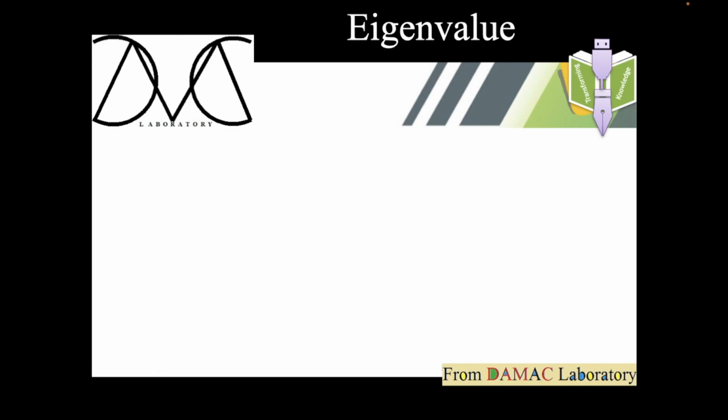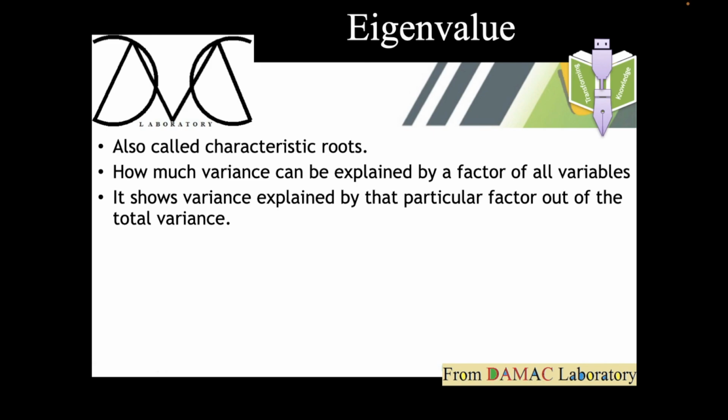To find the eigenvalue there are many different ways, and what the eigenvalue says is how much variance can be explained by one factor of all variables. That's why it is called a one-to-many relationship between the factor and the variables.